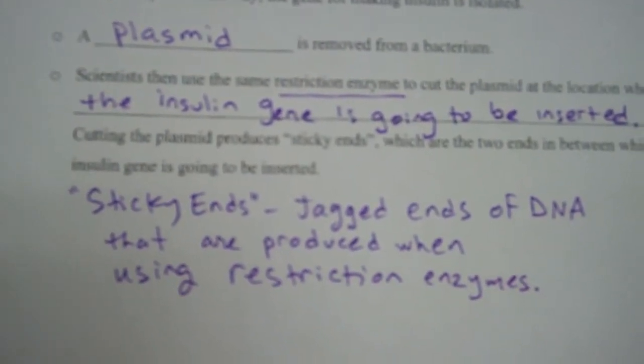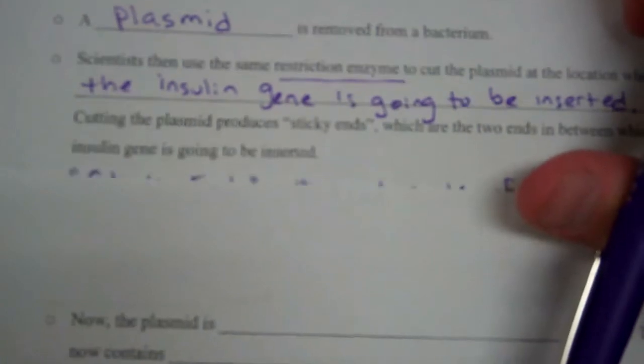Okay, so that's the first part of the notes. Let's flip it over onto the back side and continue. Once we have all of what's done on the front, we will say now the plasmid is put back into the bacterium.